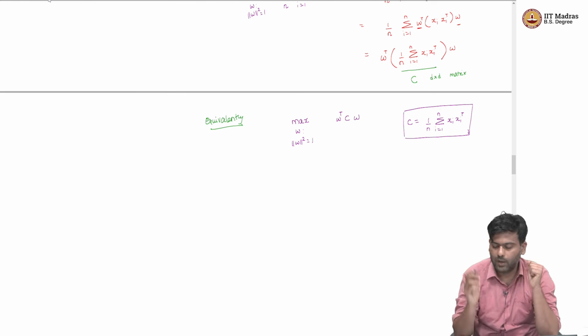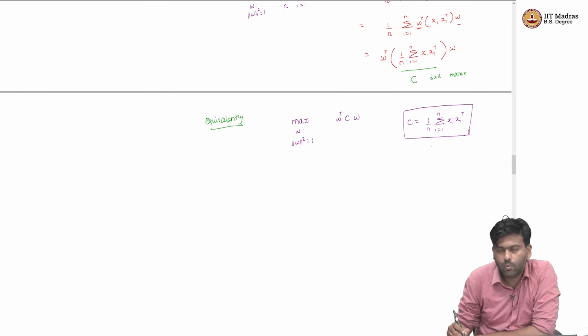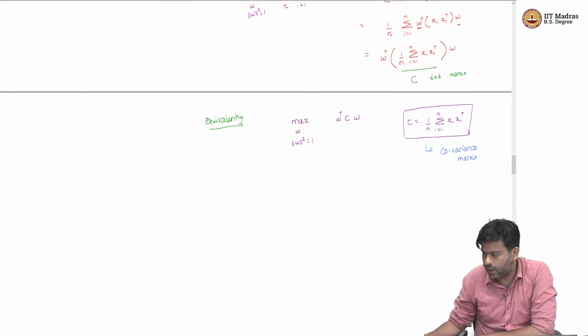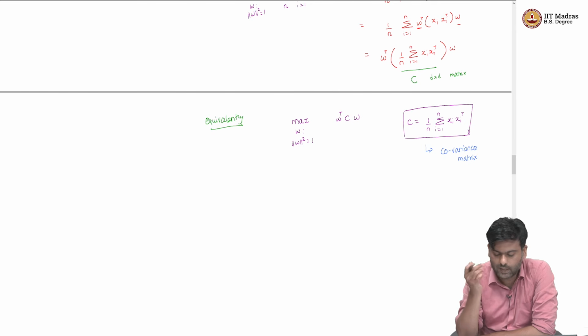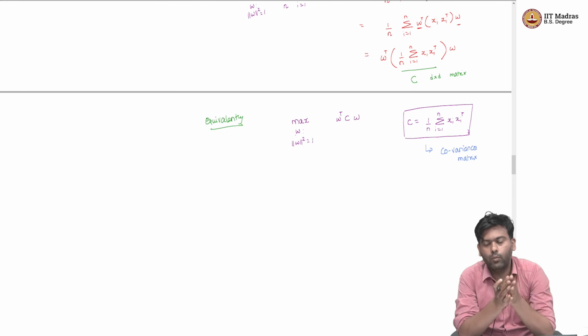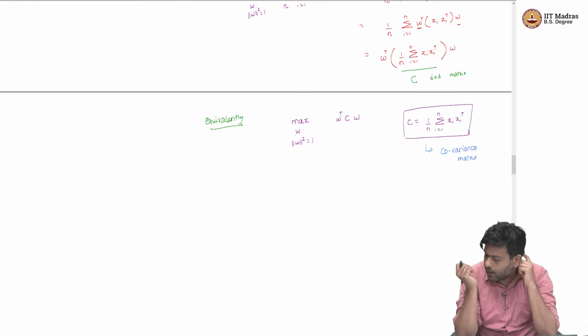This is a d cross d matrix, and some of you might already recognize what this matrix is. We will talk about it in a little more detail later, but this matrix is nothing but the covariance matrix. So this is called the covariance matrix of the data set, and basically what we are trying to find is a direction W which maximizes this bilinear form, W transpose C W, for the covariance matrix.